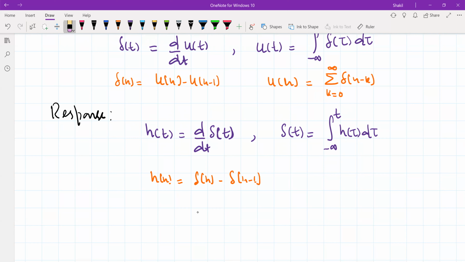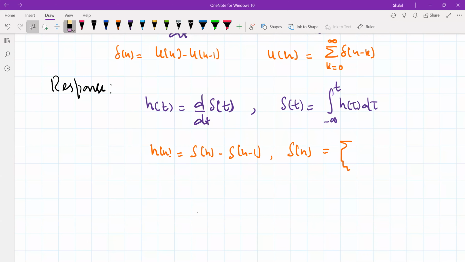Please remember, this is not delta, this is s. In the same way, s of n you can get as the summation, k running from minus infinity to n, of h of k. So this is the relationship between the responses.